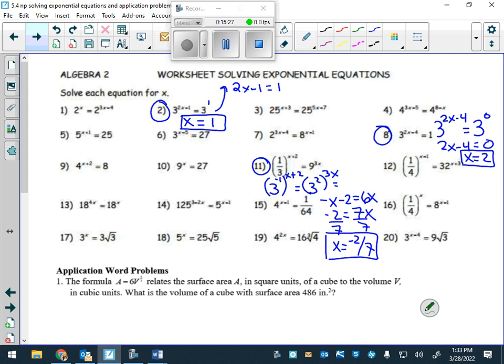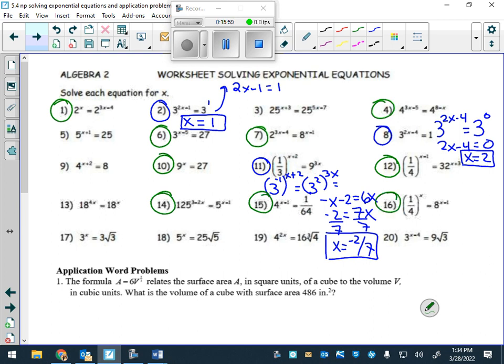But for now, number 1, number 4, number 6, 7, 10, 12, 14, 15, and 16.